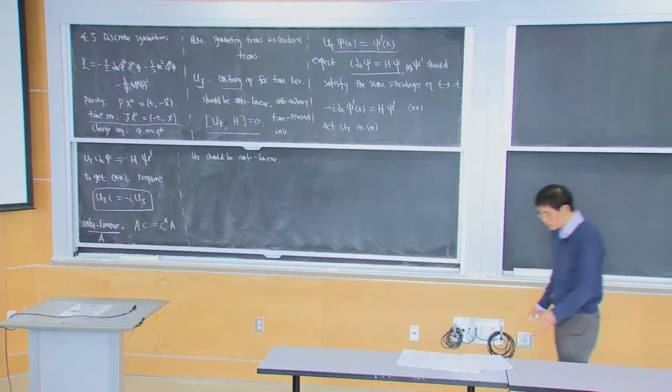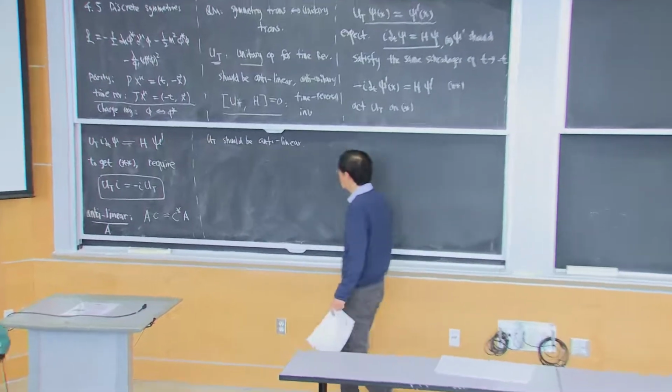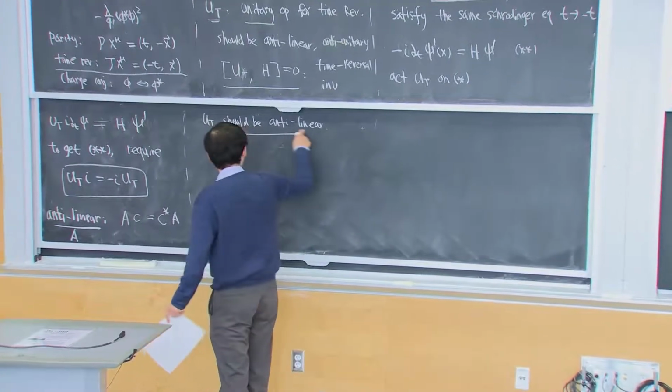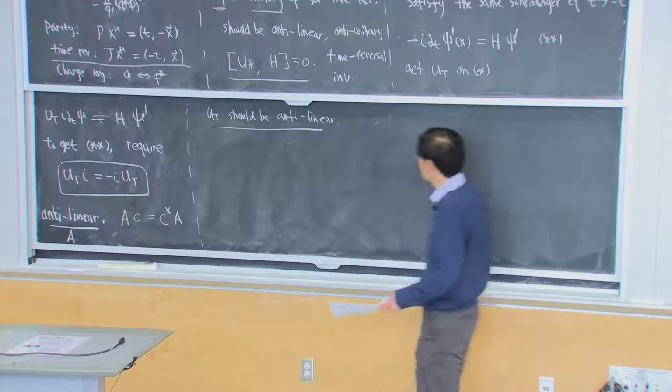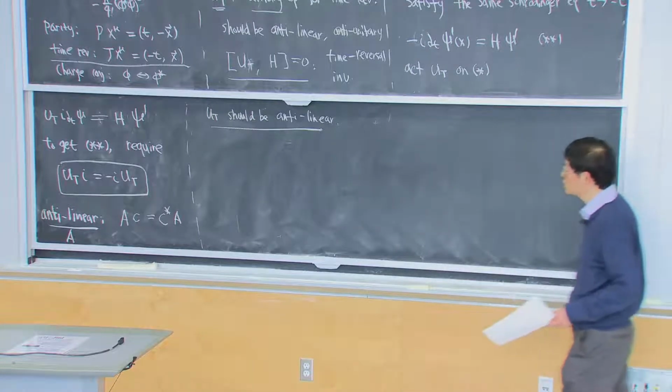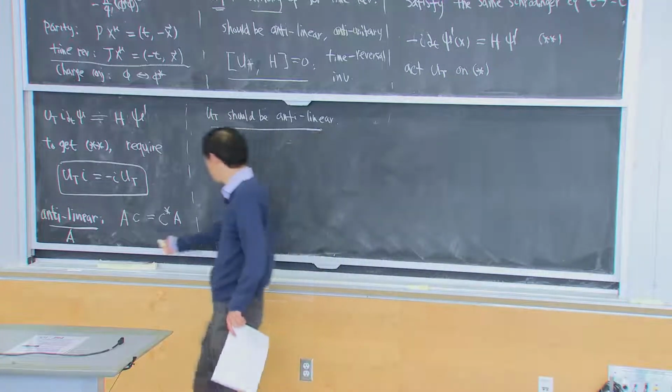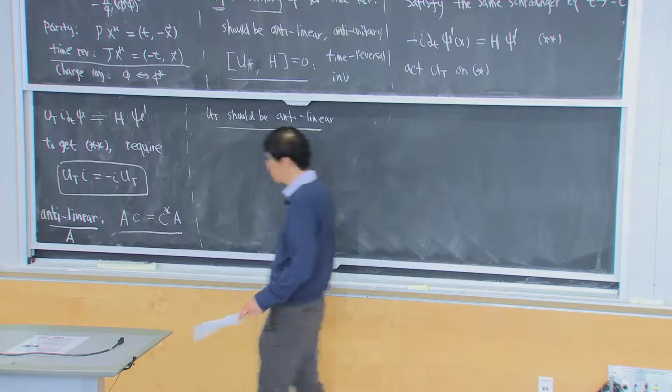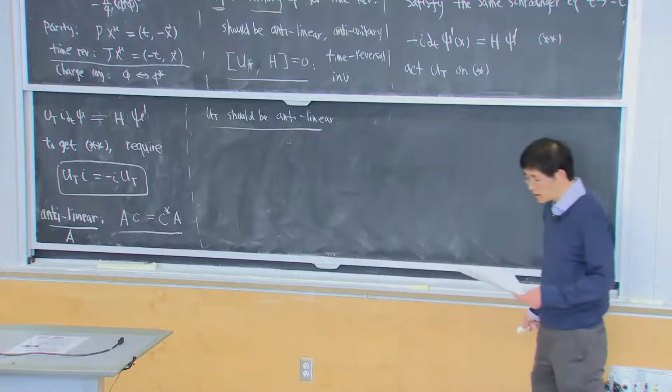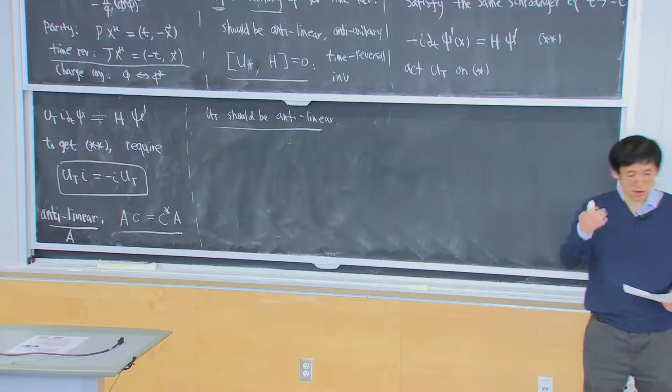Then we derived that in order to achieve the time reversal, UT has to be antilinear. And because an antilinear operator has this weird property, the definition of the adjoint should also be changed.